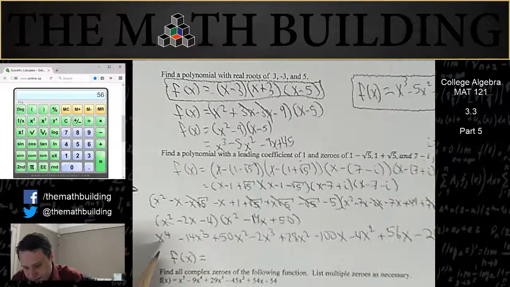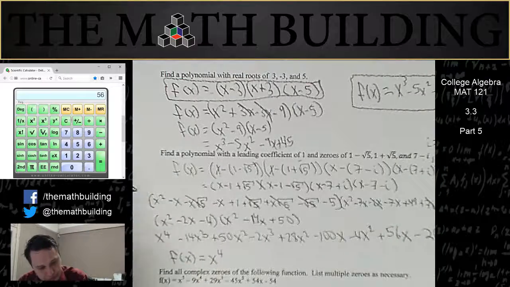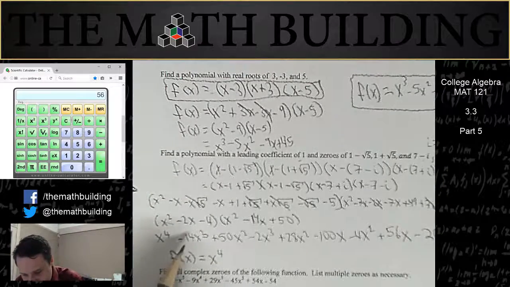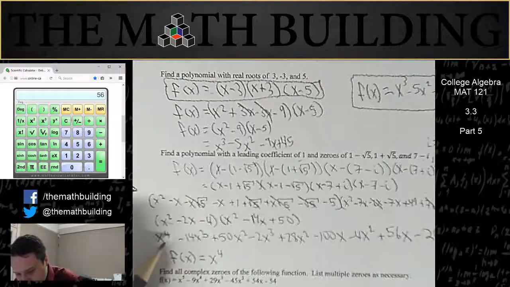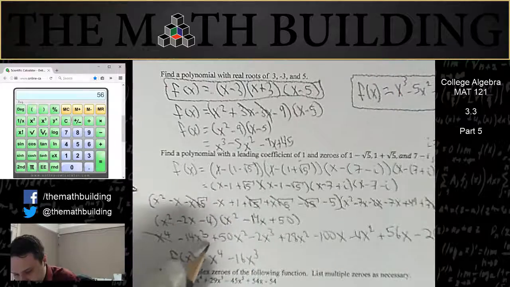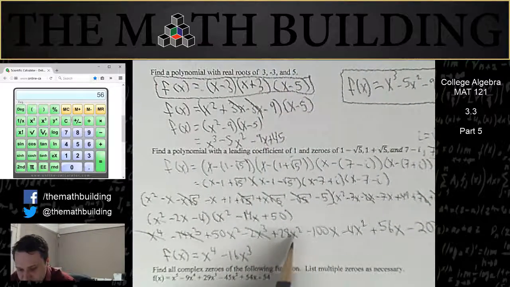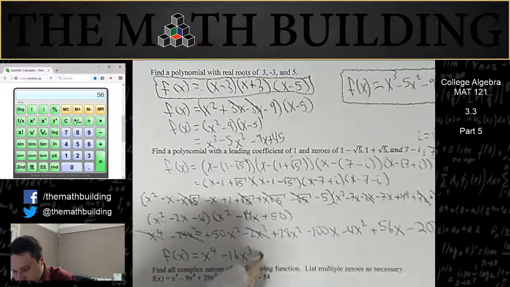We have x to the 4 will not combine with anything. I have negative 14x to the 3, negative 2x to the 3. So that'll be negative 16x to the 3. How about x squared? There's 50 and 28 is 78. Minus 4 is 74.